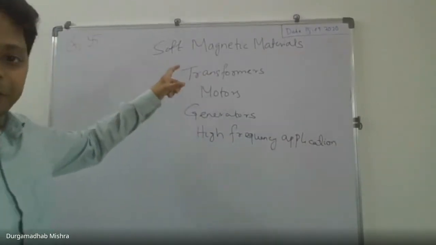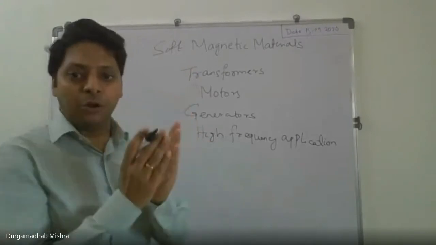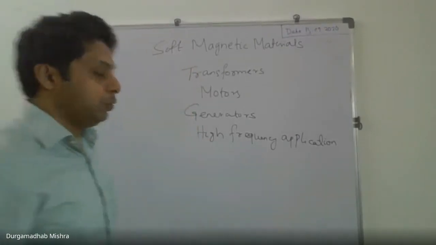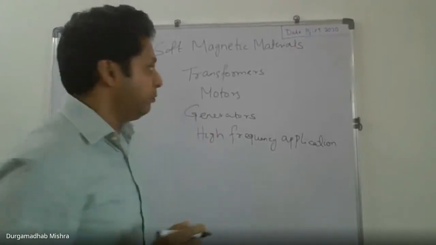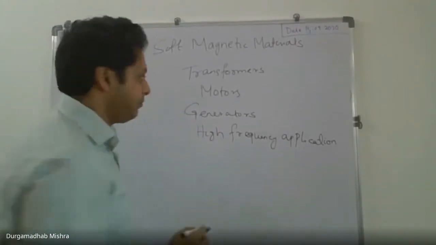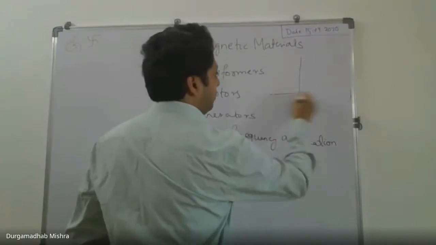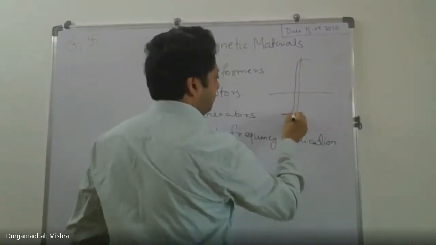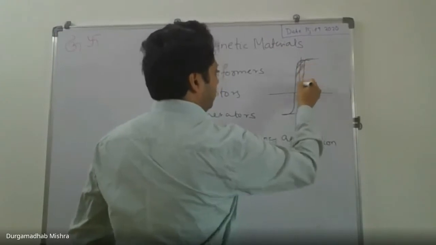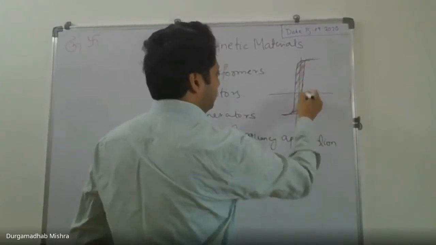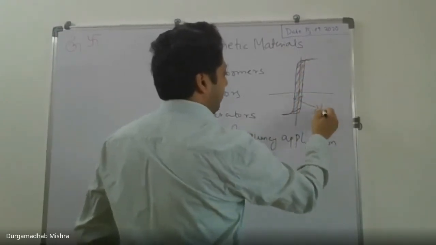The soft magnetic material, as we saw, has a narrow hysteresis loop. The area of the hysteresis loop represents the energy loss. Now, the smaller the area, the smaller the energy loss.